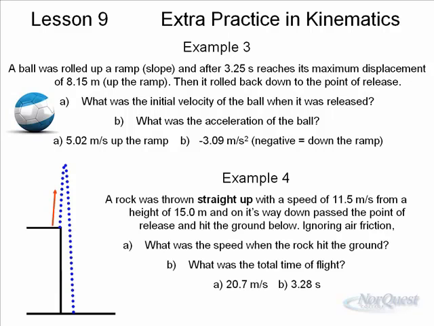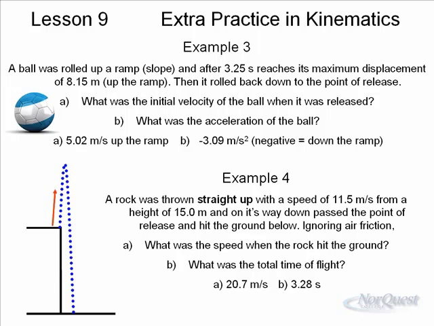And of course, the fourth example, a rock was thrown straight up from the top of a hill. All right, from a height of 15 meters, and on its way down it passes the point of release and hits the ground below. You ignore air friction, so you know that the acceleration of gravity is negative 9.81. You know the initial velocity was 11.5 meters per second.